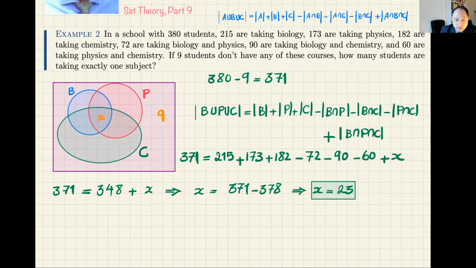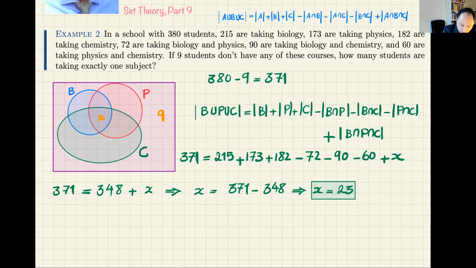Yes. Okay, thank you. That's 348, not 378, thank you very much. The answer is correct, but this is 348. Is that what you mean? Yes. Okay, but the answer is correct. I did it correctly because I did it with a calculator. So yes, the answer is correct.